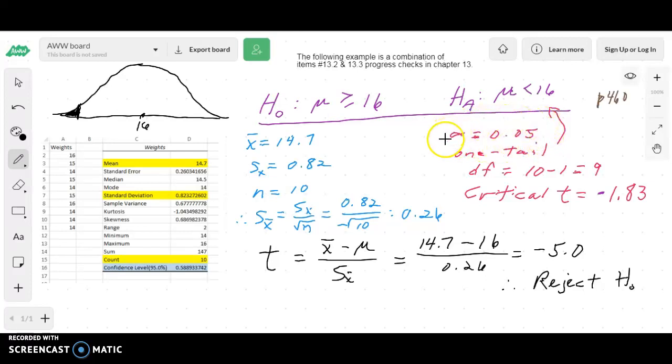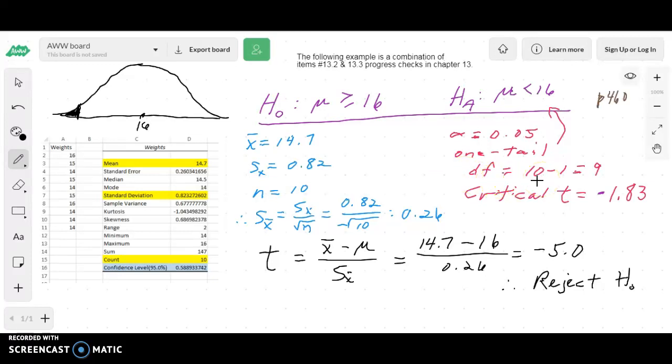So since our alpha is 0.05, we look in the column under 0.05 for one-tailed tests. And then we go down to what's called our degrees of freedom. This was mentioned way back in chapter 4, but basically the degrees of freedom is one less than the sample size.